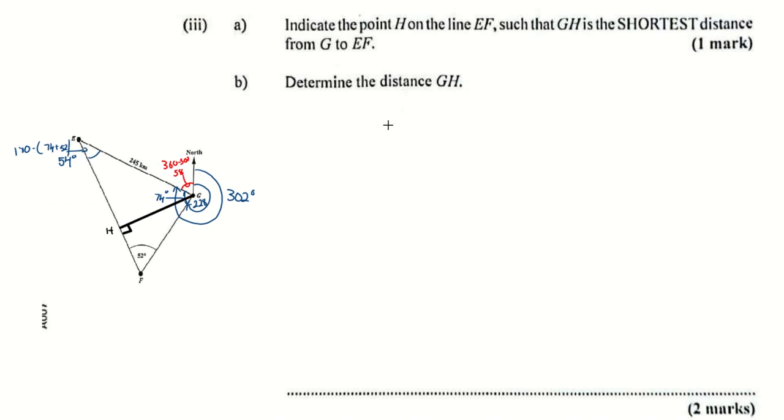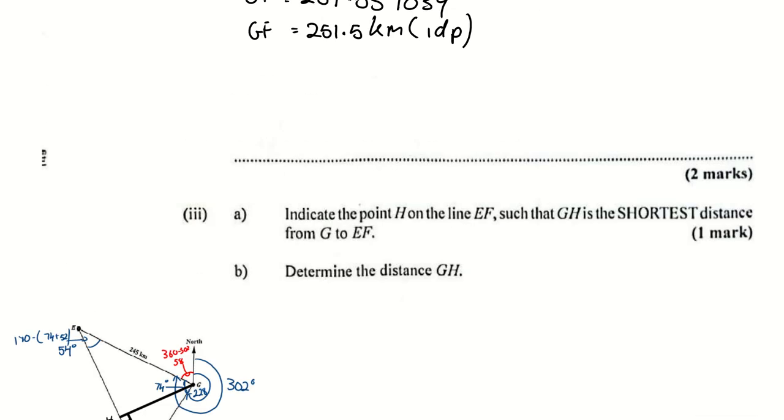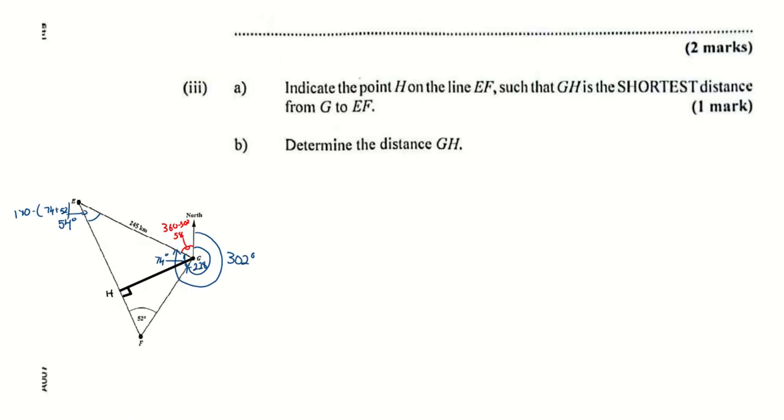They said determine the distance of GH. Now, immediately, because it's a 90 degrees angle, you're supposed to think, oh, they have this side here, which is 251.5, which we found before, right? And they want GH, and we have angle 52.